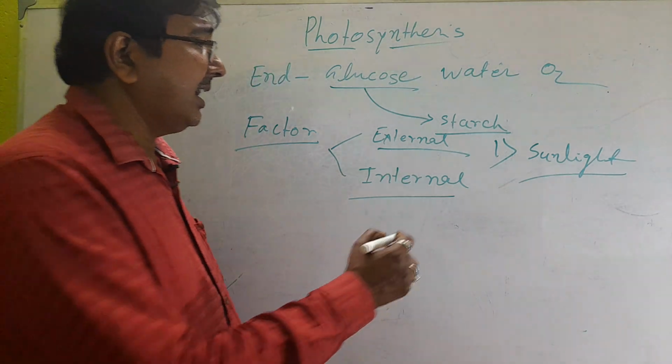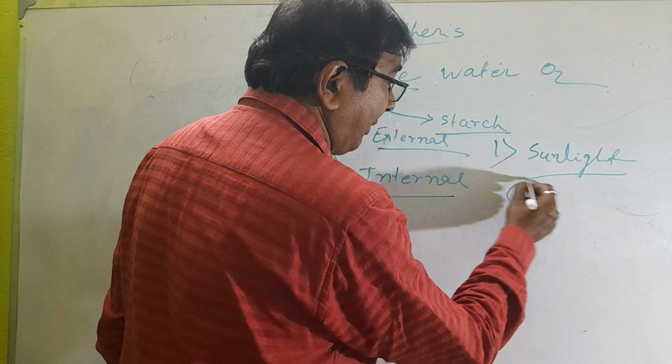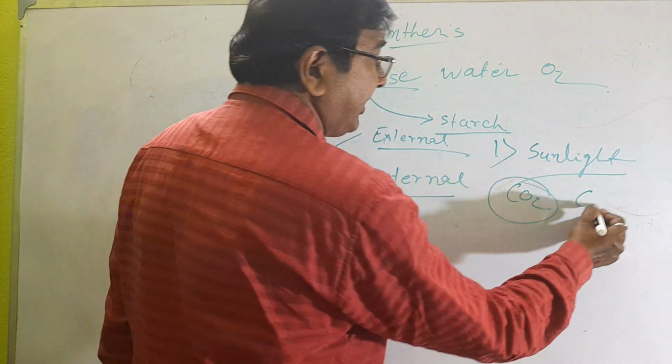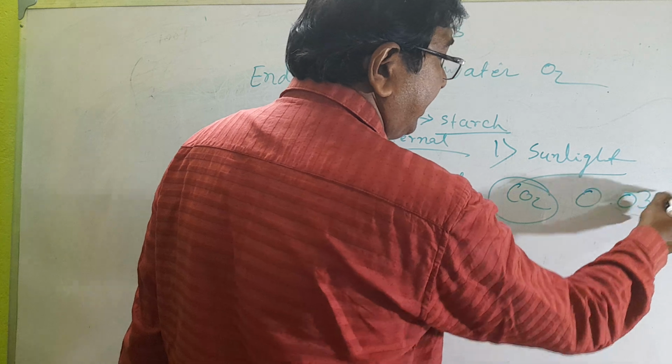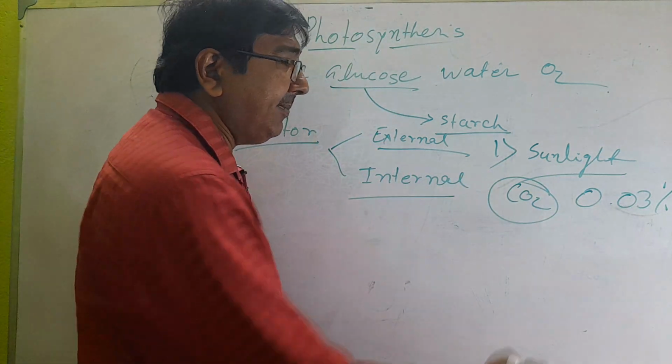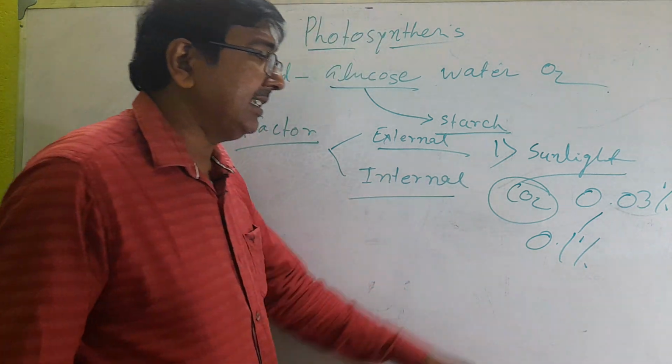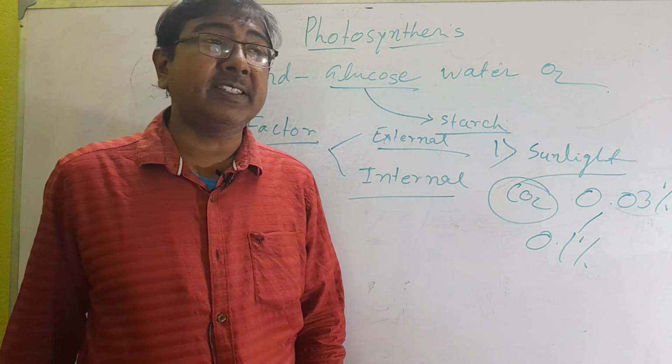Next, carbon dioxide. Carbon dioxide concentration is important. In air, the carbon dioxide concentration is 0.03%. If it is increased to 0.1%, then the rate of photosynthesis increases.